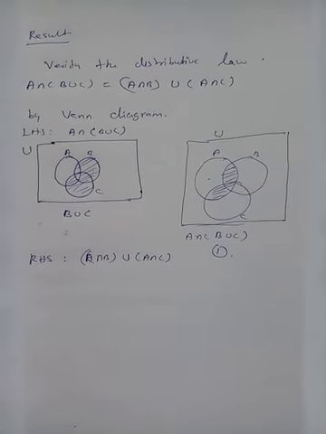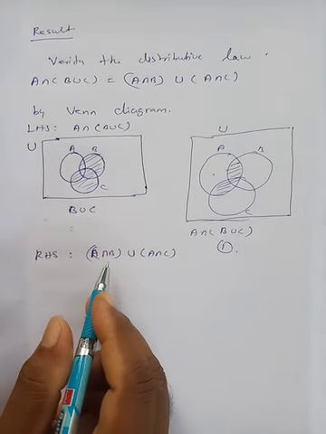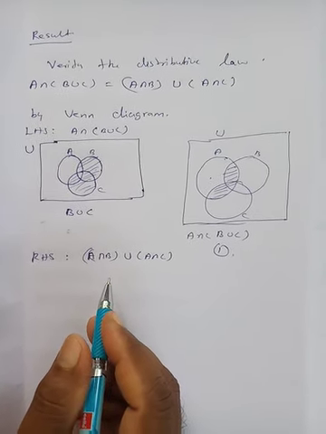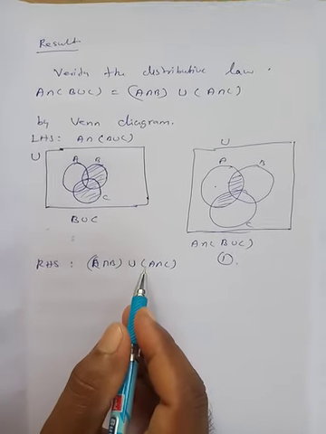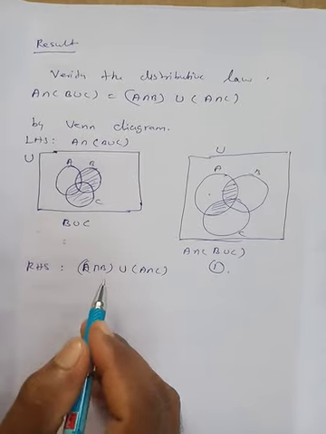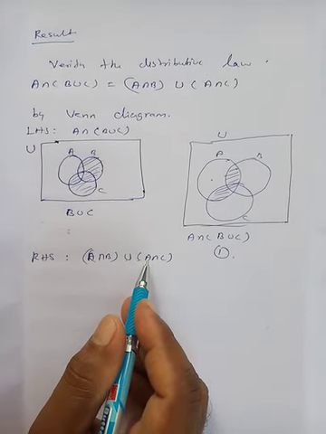Now the RHS, (A intersection B) union (A intersection C). This is considered as 3 diagrams. First we represent A intersection B, then A intersection C. At last we represent (A intersection B) union (A intersection C).